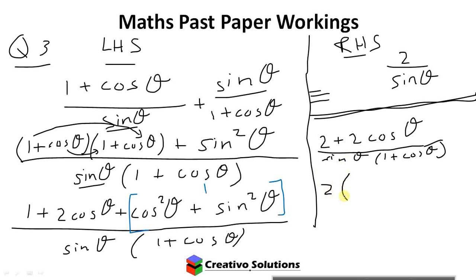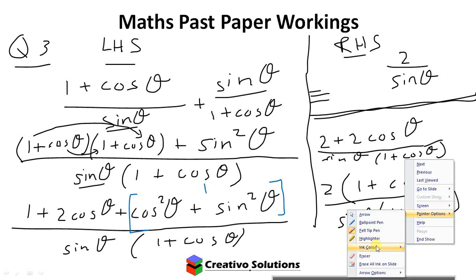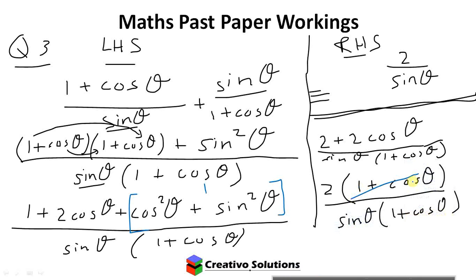If I take out a 2, from the 2 I'm left with a 1, and from the 2 cos I'm left with a cos. That's normal factorizing. So 2 times 1 plus cos theta over sine theta times 1 plus cos theta. What do you notice? This can cancel with that.